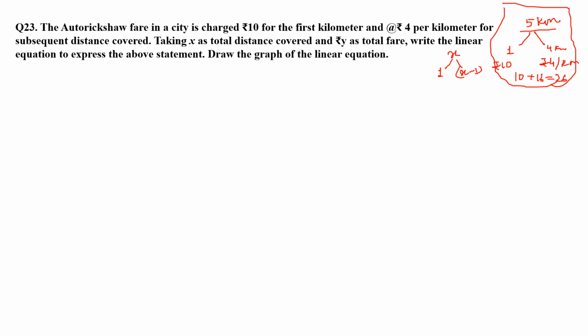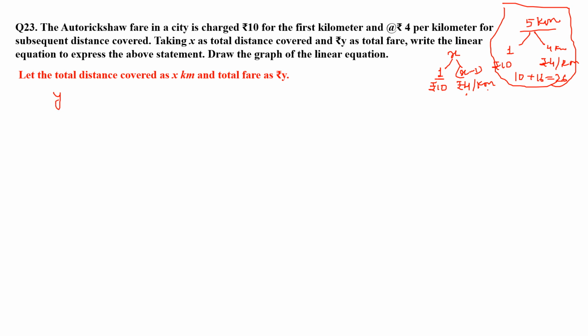So first of all, what is given in the question? Let the total distance covered be x kilometers and total fare be y rupees. For the first kilometer you are paying 10 rupees. For the remaining x minus 1 you are paying 4 rupees per kilometer. So 1 kilometer is 4 rupees, so x minus 1 kilometer will be x minus 1 into 4.